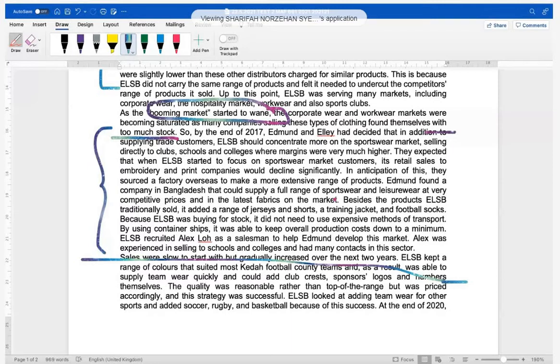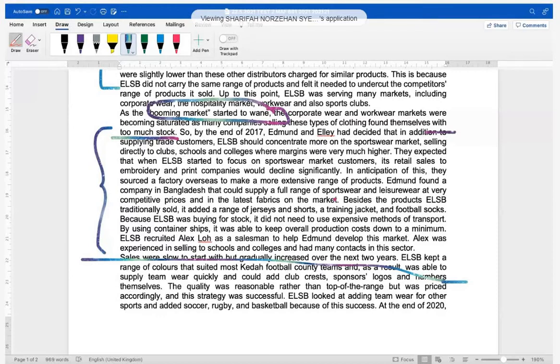Remember, you have 3 general factors just now. Corporate wear and workwear markets are becoming saturated. Yes, basically the market becomes saturated, so they need to find new markets, isn't it? All right, so basically those are your environmental factors that affect you.